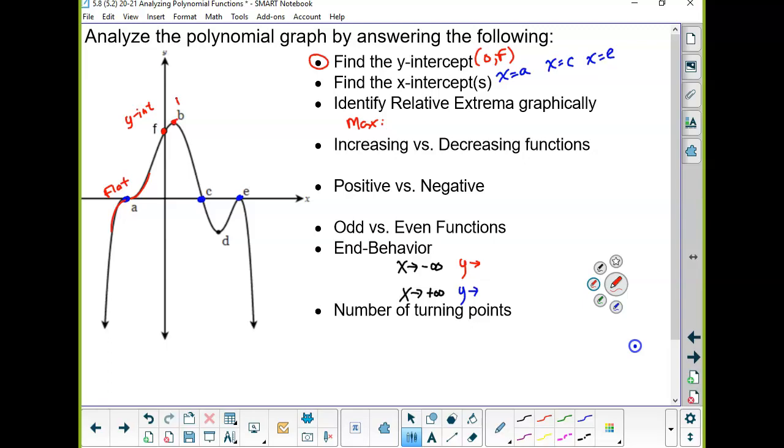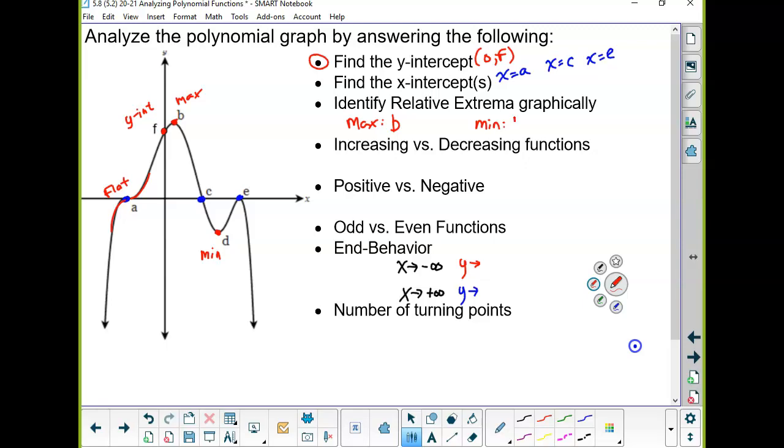But B is what we would call a local, actually B is what we'll call the absolute max. We're not going to use that terminology really, but it is the absolute highest point on this graph. So that would be called the absolute max. And then D is just a local min, because it's the lower point of all the ones around it.